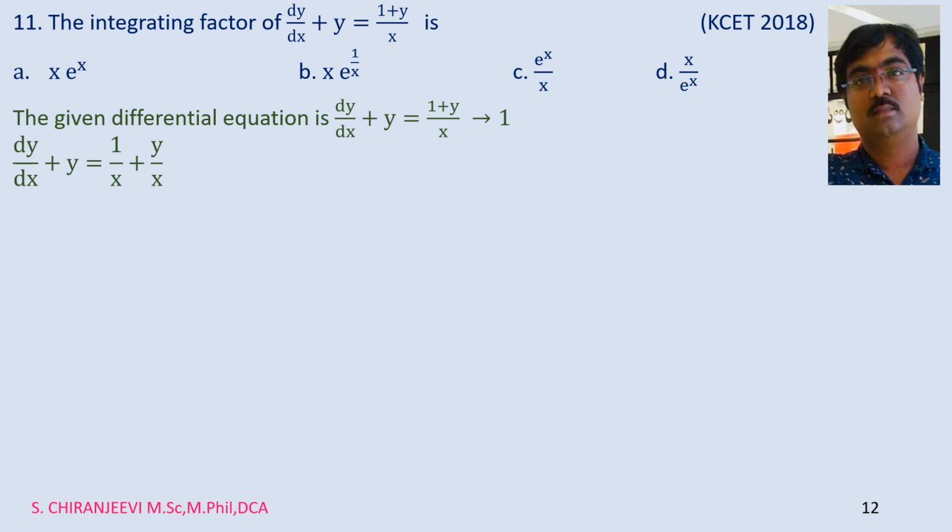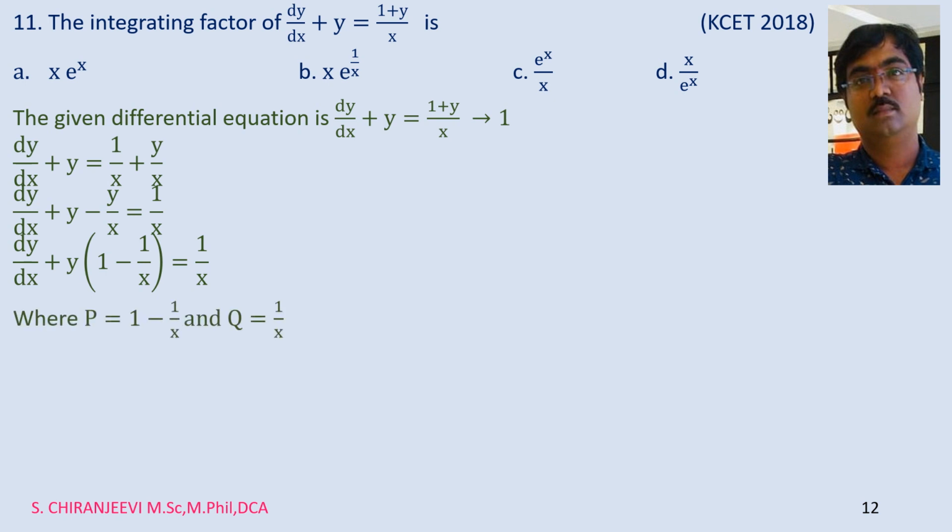Dy by dx plus y equal to, if we split it, 1 by x plus y by x. Now shifting plus y by x to that side, dy by dx plus y minus y by x equal to 1 by x. So taking y outside, dy by dx plus y into 1 minus 1 by x equal to 1 by x, where the value of p is 1 minus 1 by x.